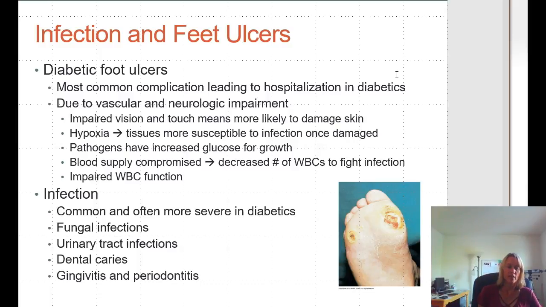There are other infections that are just more common and more severe in diabetics, including fungal infections, UTIs, cavities, gingivitis, and periodontitis. Because of the huge risk of infection in the foot, leading to potentially amputation, you have to be specially trained to even cut the toenails of a diabetic.